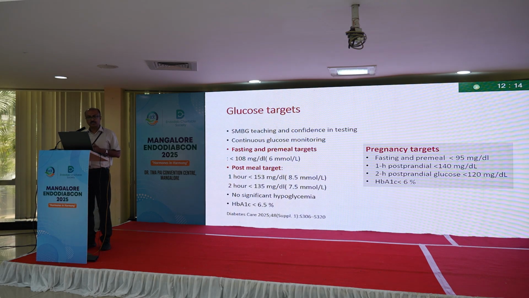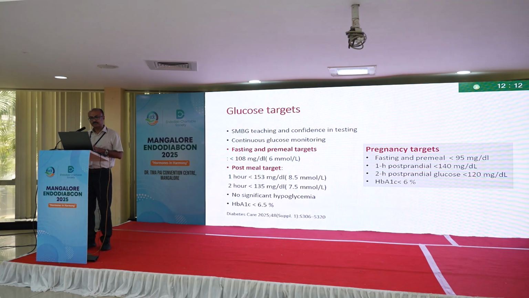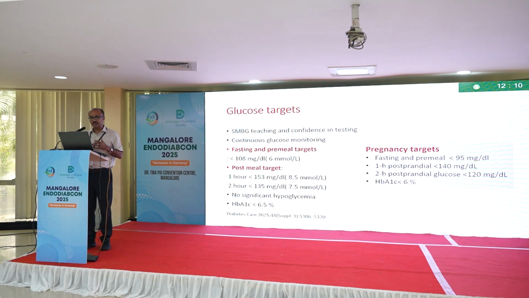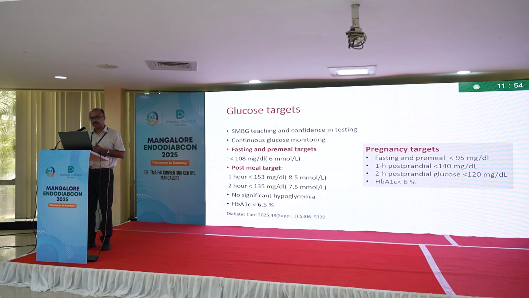So the glucose targets have been proposed. One very important thing is to teach these patients how to do SMBG. Let them get that confidence. Consider doing continuous glucose monitoring if your patient is happy to afford that. Look at fasting glucose, try to maintain reasonably good control as you would in any type 1 or type 2 patient.